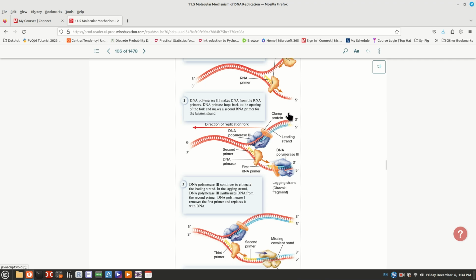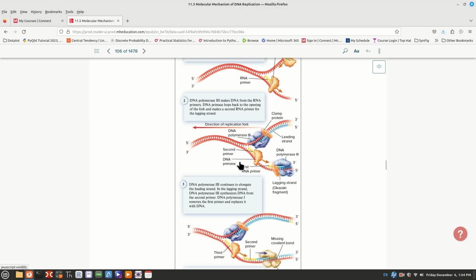It's going to attach to a primer, and then it is going to move along the strand 3 to 5. So the original strand, it's going to attach to that and move in that direction and follow the fork. That is the leading strand, because the DNA polymerase 3 is following the fork.